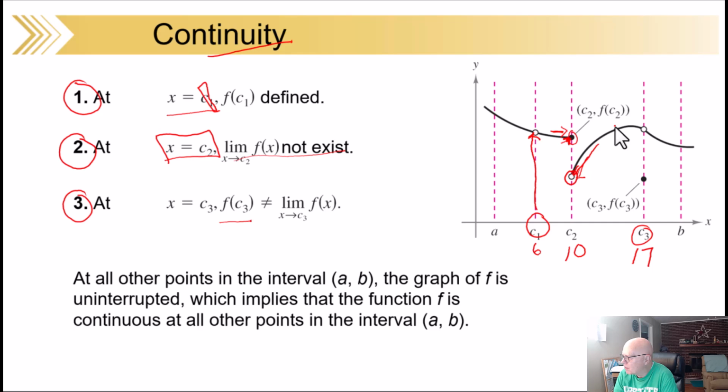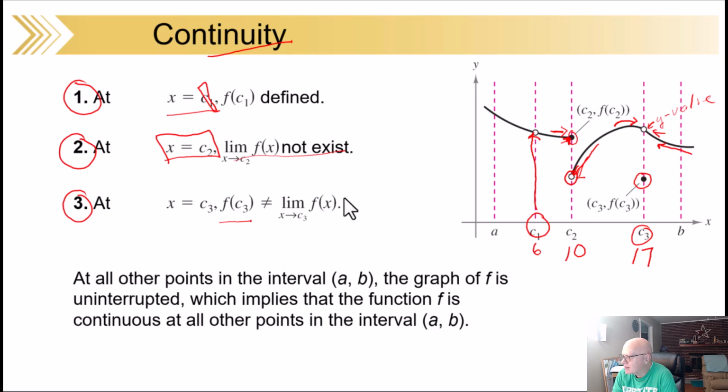If I'm coming on the curve from this side, what am I getting close to? I'm getting close to this y value. If I come from this side, I'm getting close to that y value. Now that sounds good, except for the fact that it doesn't even exist there. The actual y value for 17 is down here.